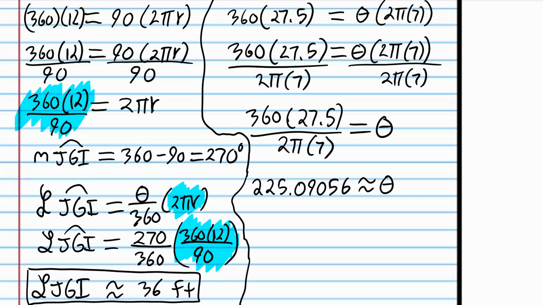And the reason I'm carrying out extra decimals is because we haven't gotten the answer yet. We're still going to have to use these to plug into other calculations. 0905 and 623. Just double checking that.